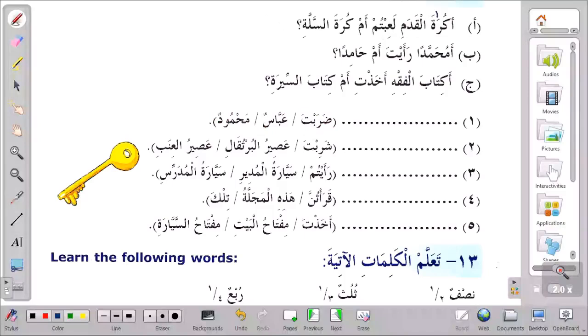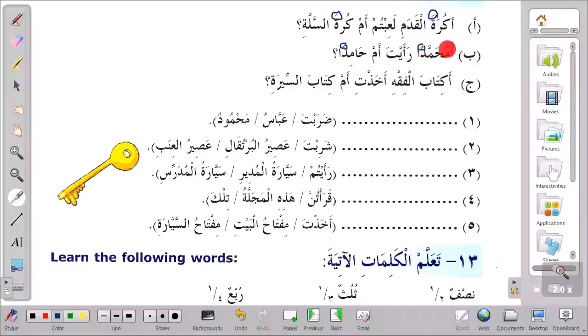You can see Kurata, Muhammadan, Hamidan. Why? Because it is the object. Maf'ulun bihi. Maf'ulun bihi is always mansub. So Muhammadan, not Muhammadun. Why? Ra'aita, you saw.